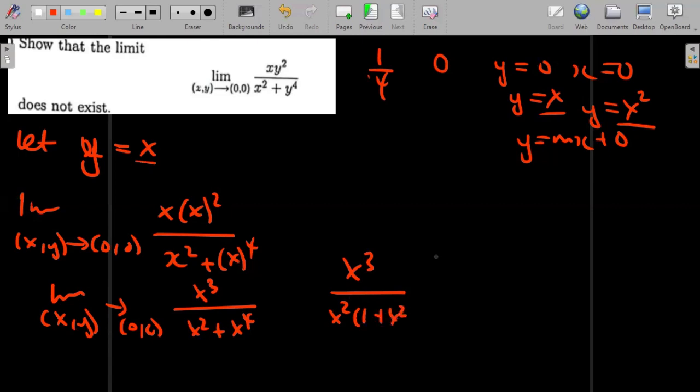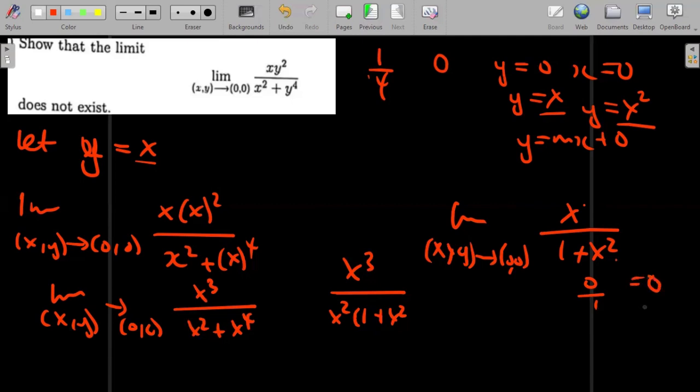Here it divides, so I'll have the limit as x and y approach (0, 0) to just be x on top, then 1 plus x squared. When I plug in my x, I'll have 0 on top and 1 below, and this just gives me 0 over 1. If this gives me 0 over 1, then the limit is 0.